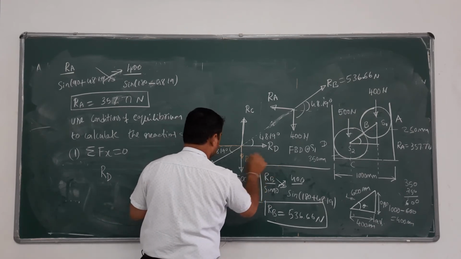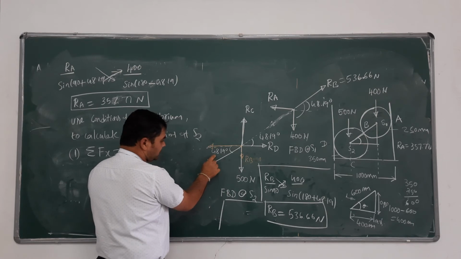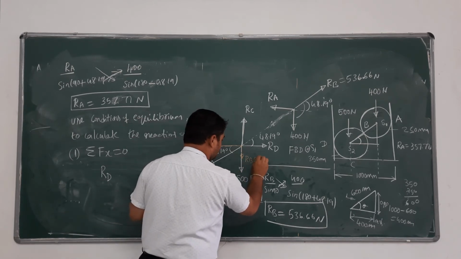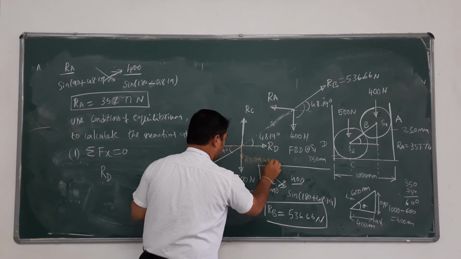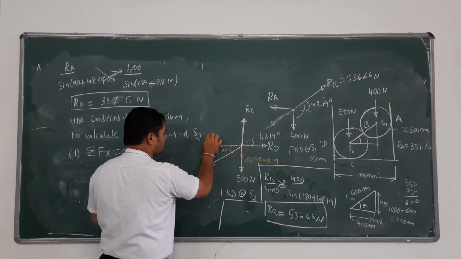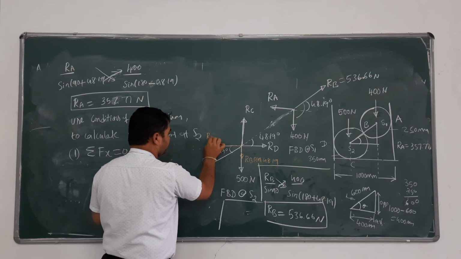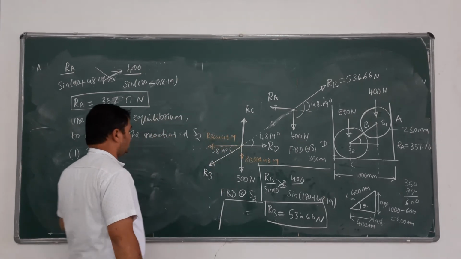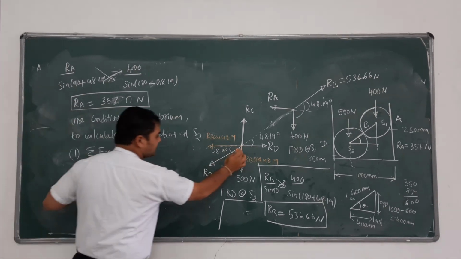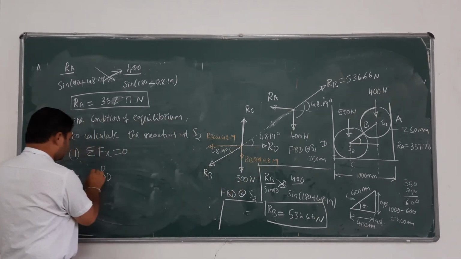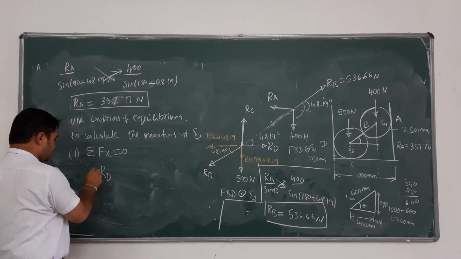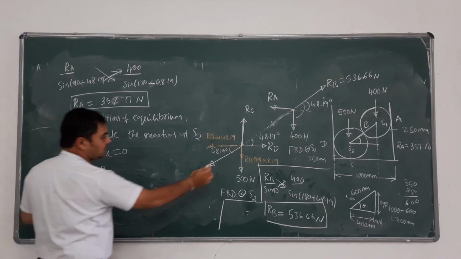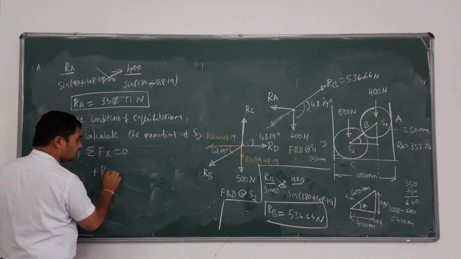The inclination of this force is given with respect to horizontal, therefore this is RB sine 48.19, and one more, RB cos 48.19. As RD is acting from right to left, this one should be positive. Next, this force is acting in the opposite direction, minus RB cos 48.19.